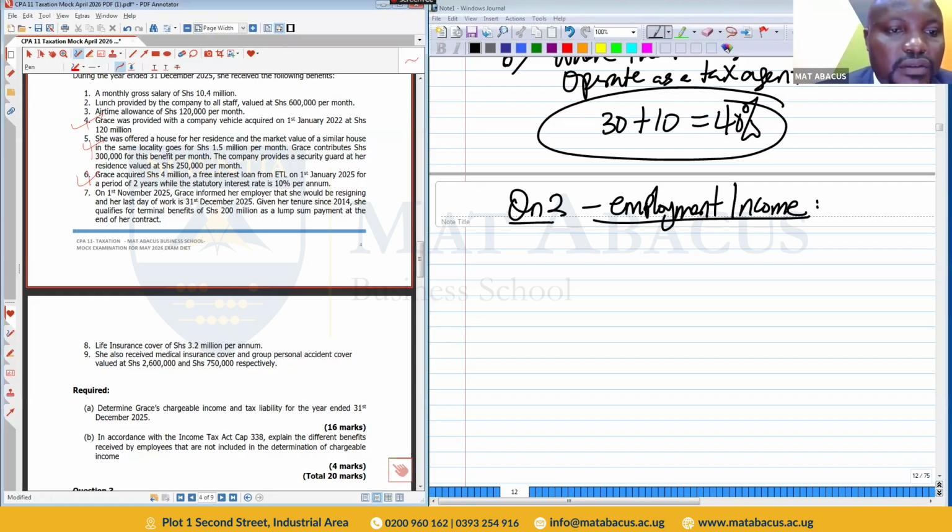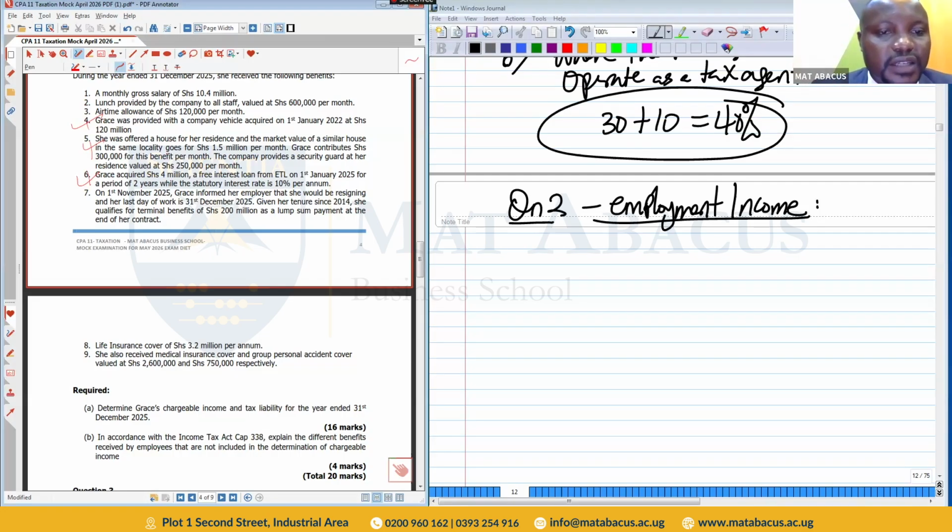So when they give you a house, they also give you what the employee contributes. Grace acquired shillings 4 million free interest loan from ETL on 1st January 2025 for a period of 2 years, where the salary rate is 10% per annum.